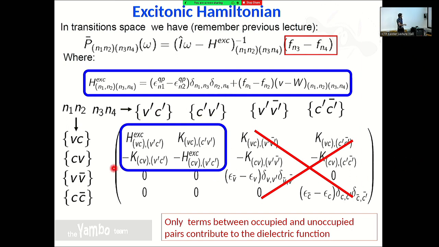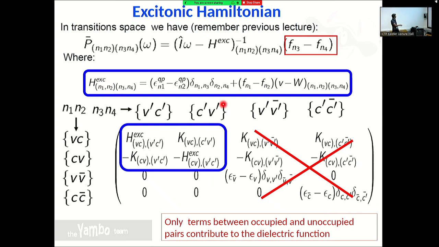And we can forget about the rest, also because this one is 0 due to these occupation factors, and this one is not important. Indeed, you can also, if you want, rewrite this in a more symmetric way with respect to occupations, with the square root of the occupation on the left and on the right. And you can prove that this term will also go to 0, and then this part will be independent. And then we just focus on this.